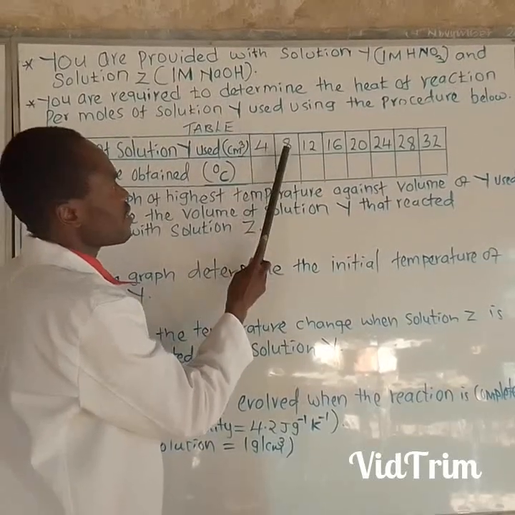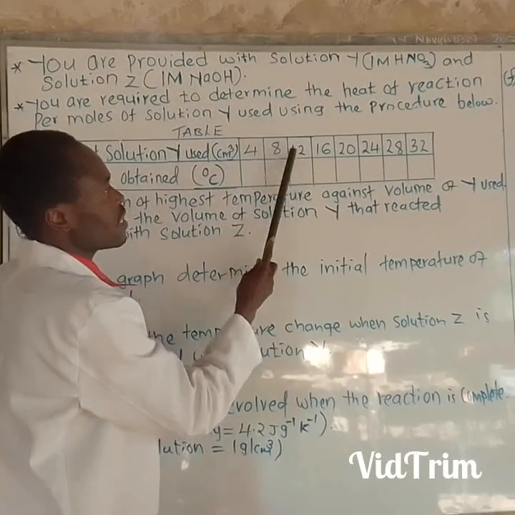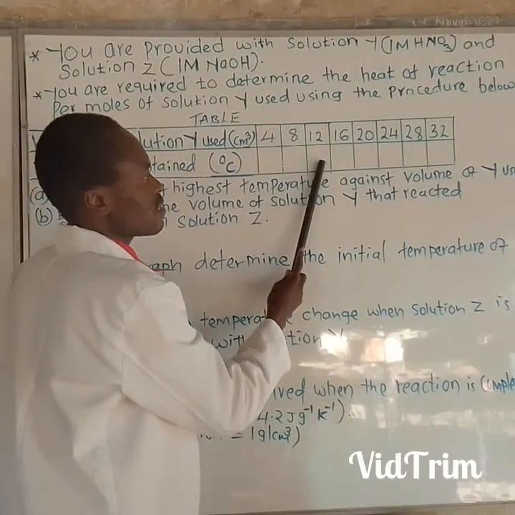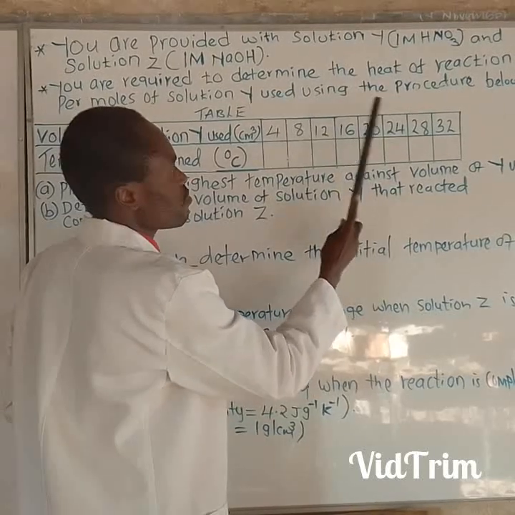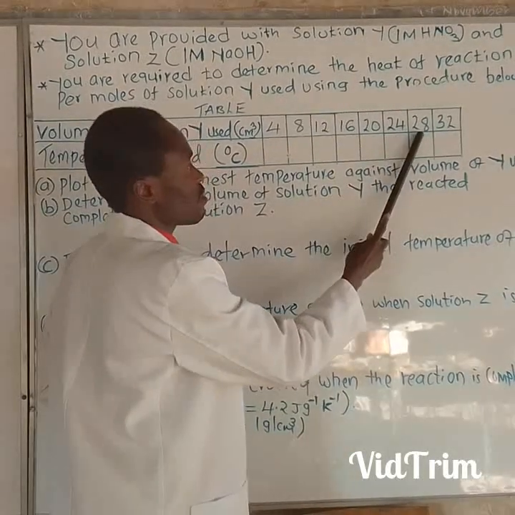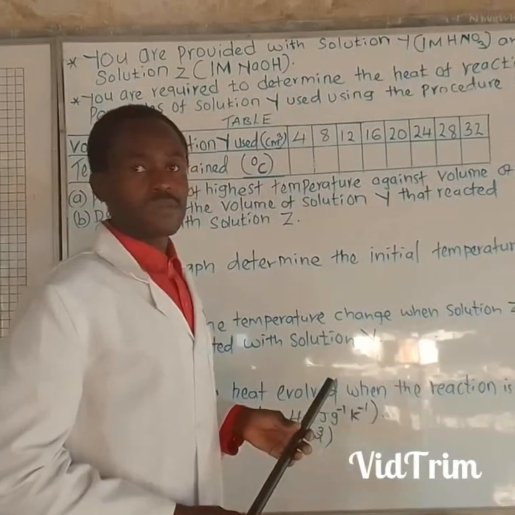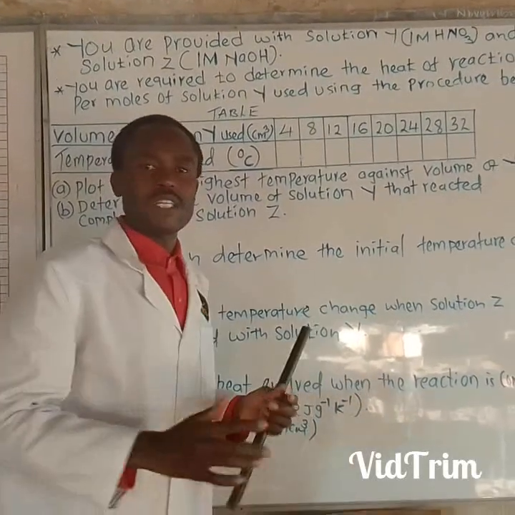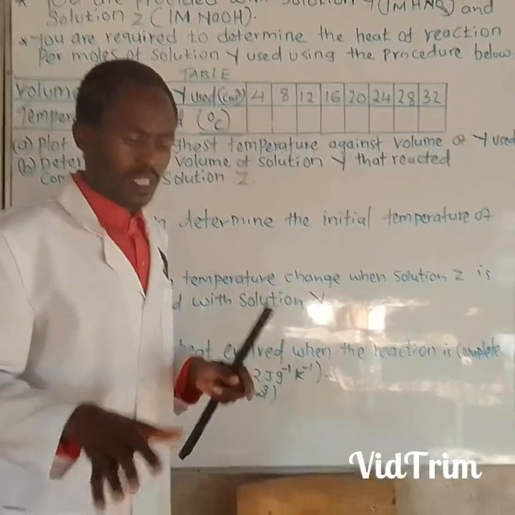Then I again add 4 to make it 8, and take the highest temperature. Then I add 4 to make it 12, then 16, 20, 24, 28, 32. Then I record the highest temperature reached after every addition of 4 mils of solution Y to solution Z.